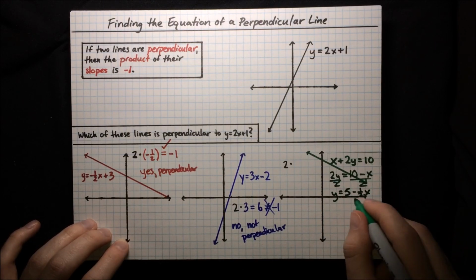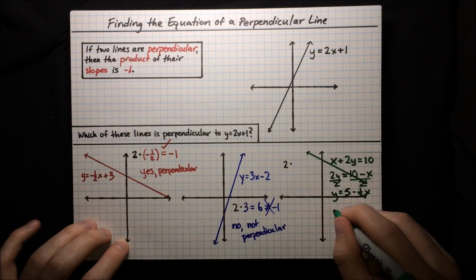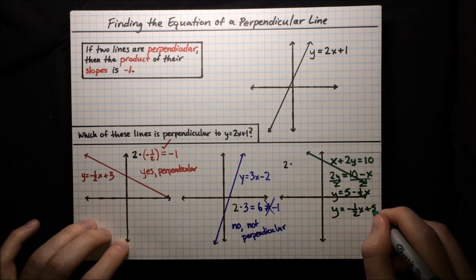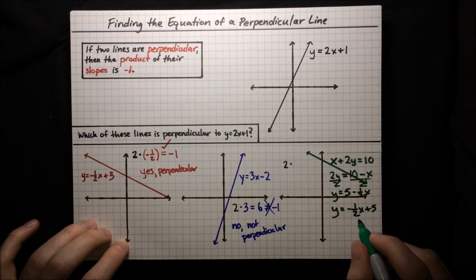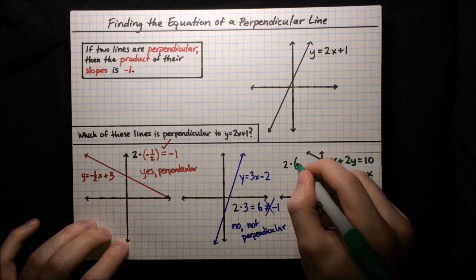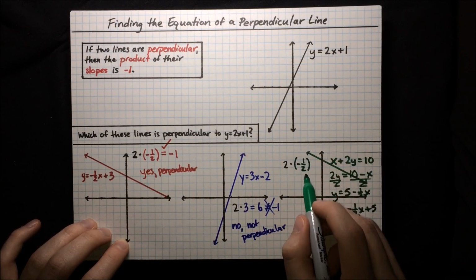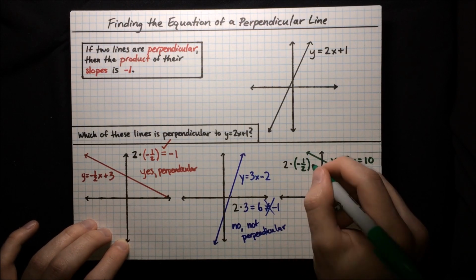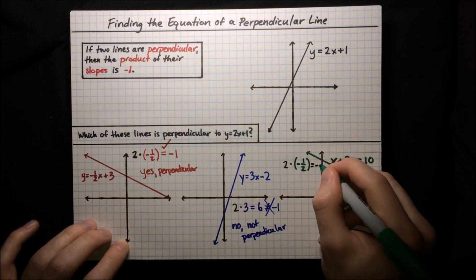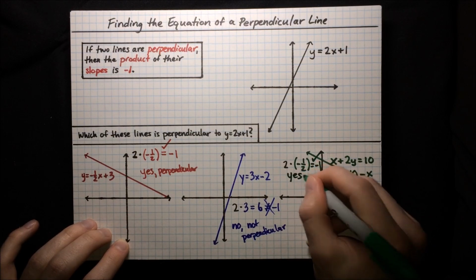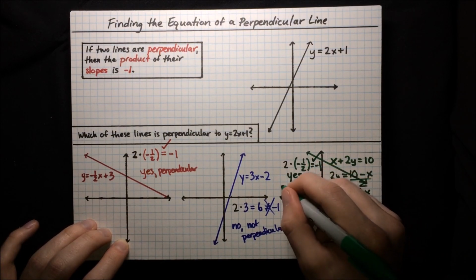And just to rewrite that with the x as our first term here, we'll write y equals -1/2 x plus 5. So we can see our slope here is -1/2, and 2 times -1/2, well, 2 times 1/2 is 1, and then the negative gives us a negative, so -1, and yes, this line is perpendicular.